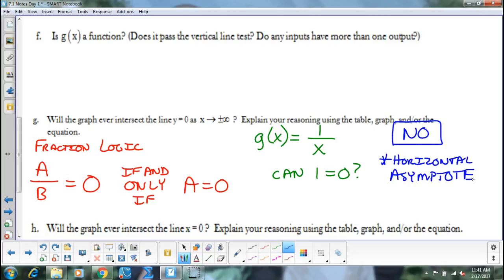A horizontal asymptote is the line that my rational function approaches at the infinities. Okay? It's a line that the rational function approaches at x equals positive infinity and x equals negative infinity.